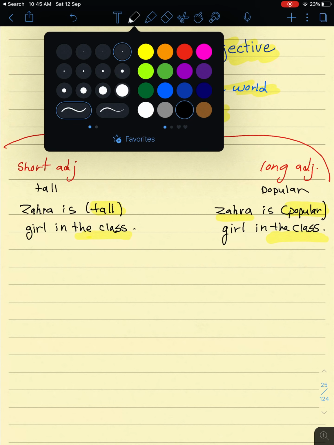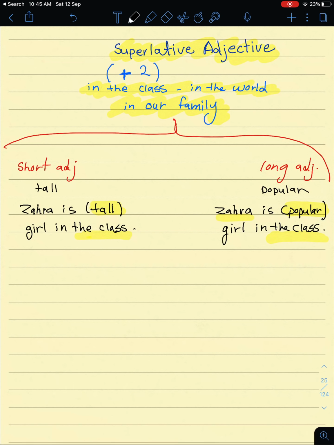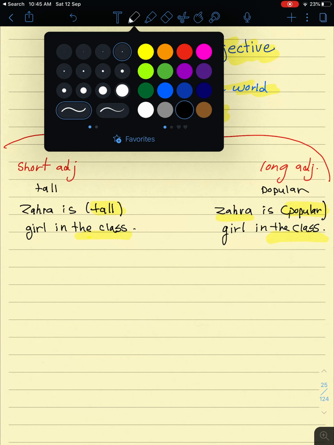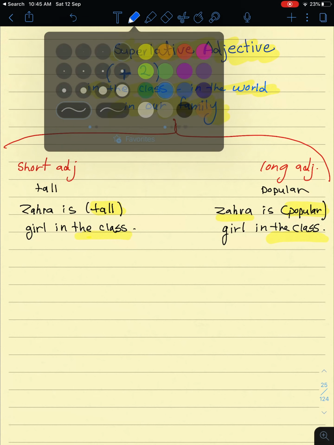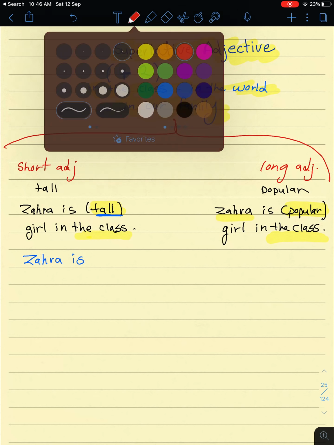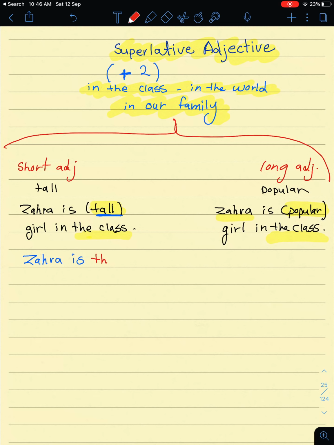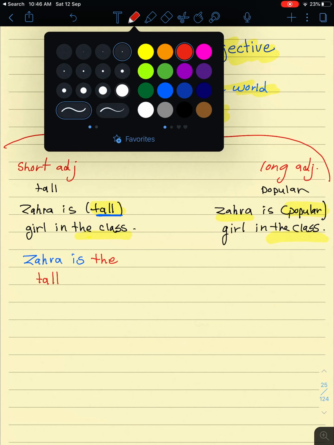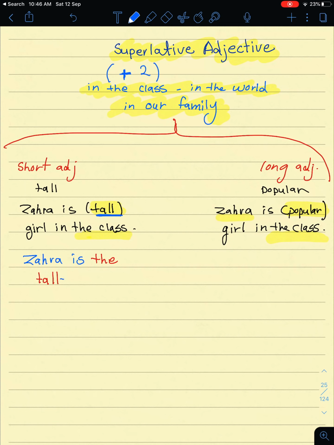Alright? So طبعا هذا أول حاجة راح أنظر إلى نوع المقارنة، بعدين برجع مرة ثانية إلى الجملة وبشوف نوع الصفة. هنا صفة قصيرة. So I'm going to say Zahra is, okay, and I'm going to change the color, the tall, and then I'm going to add "est" to the adjective.